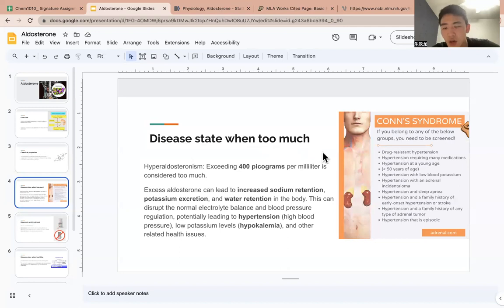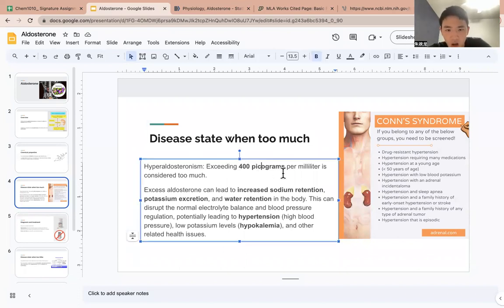The disease state when someone has too much aldosterone production in their body is called hyperaldosteronism, which means exceeding 400 picograms of aldosterone per milliliter is considered too much.